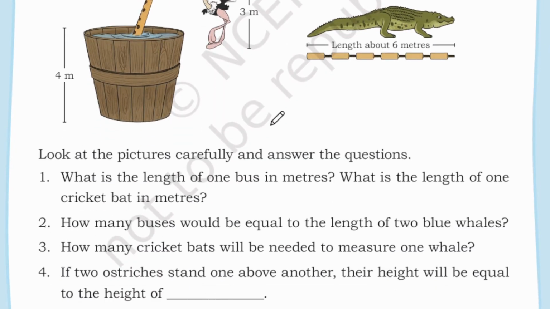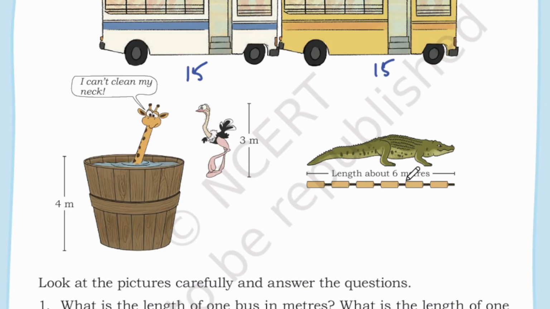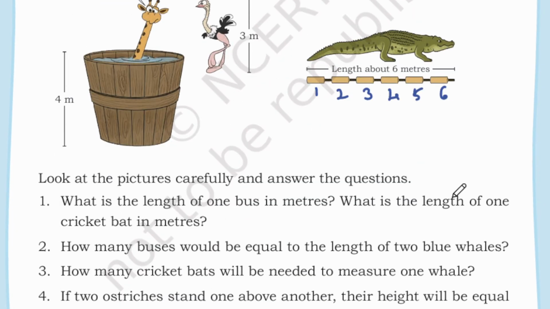We have a few questions here. The length is about 6 meters. So this crocodile is about 6 meters: 1, 2, 3, 4, 5 and 6 meters.